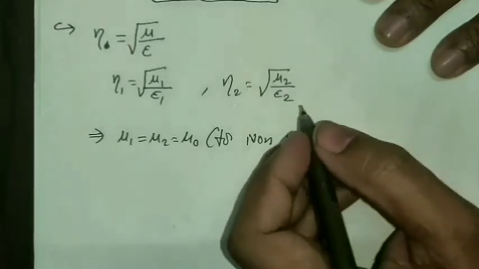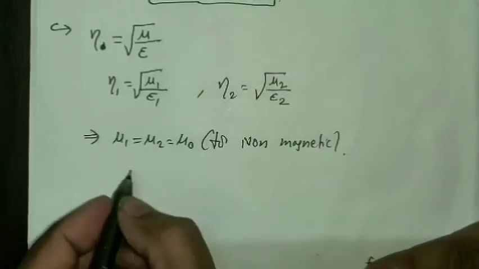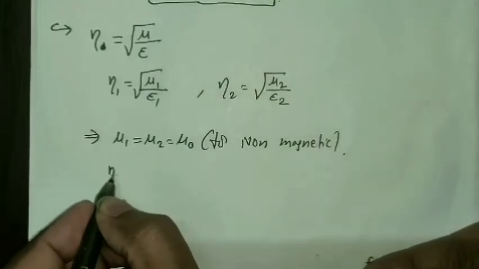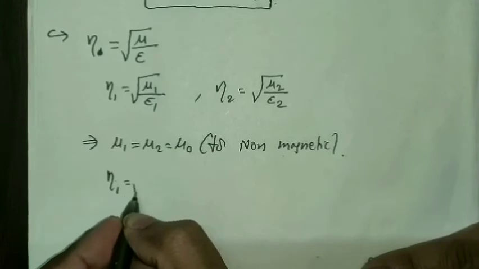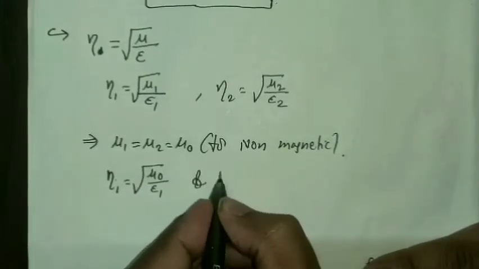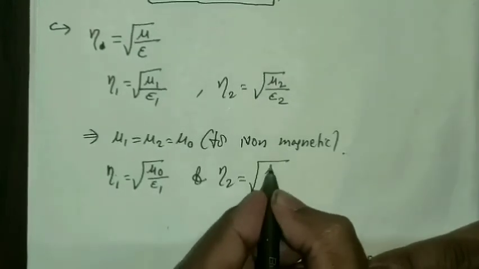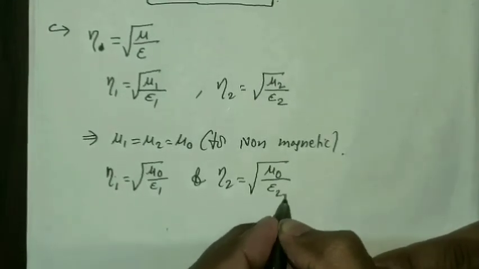So eta 1 equals square root of mu 0 by epsilon 1 and eta 2 equals square root of mu 0 by epsilon 2.